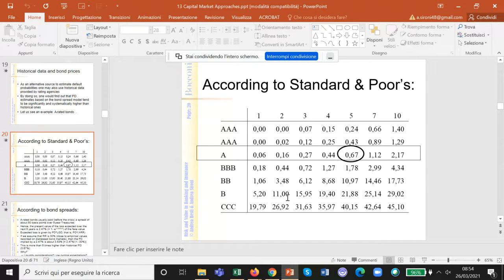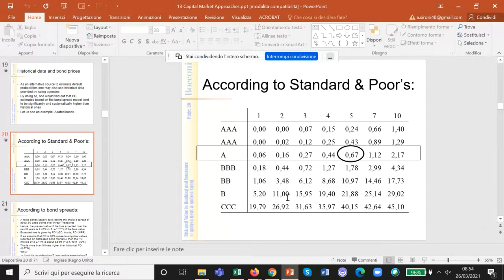So as an example, a single A borrower has a probability of default in 1 year which is extremely low, in the order of 0.06%, while it becomes more significant, i.e. 0.67% in 5 years.